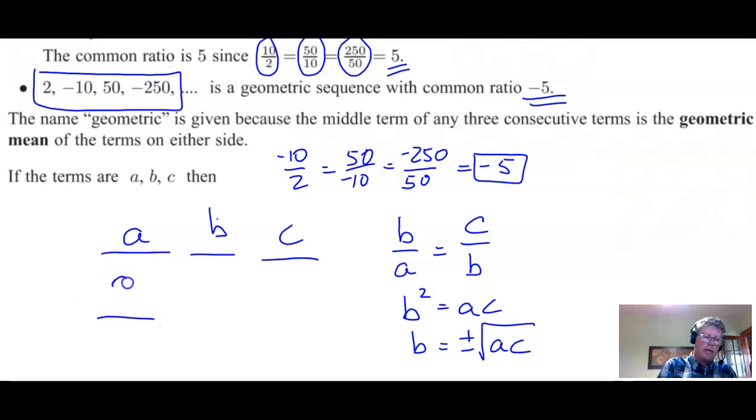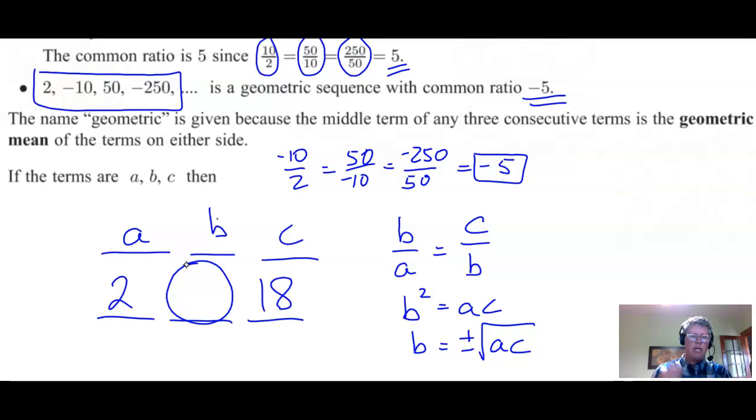So let's do a quick example. This is 2, we don't know, and this is 18. Yesterday, I said, what's the arithmetic mean? And you said, come on, add them, divide by 2. And you gave me 10, and that was the arithmetic mean. Worked out perfect. Here, we want to know what number goes here so that this is a geometric sequence. Well, that is going to be called the geometric mean.